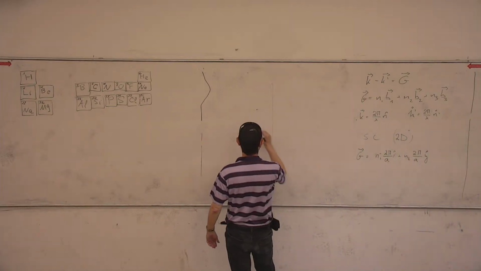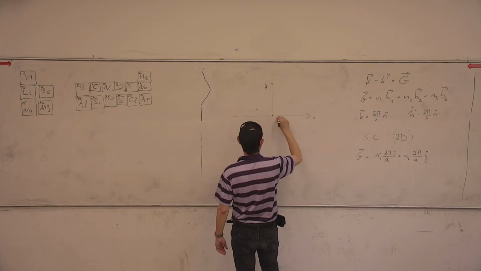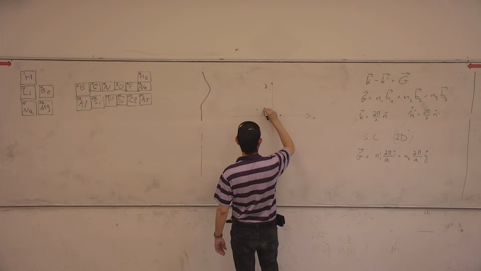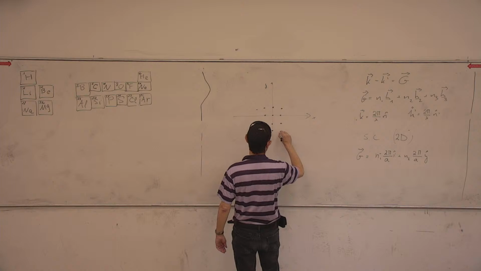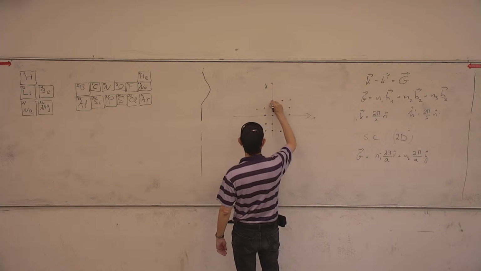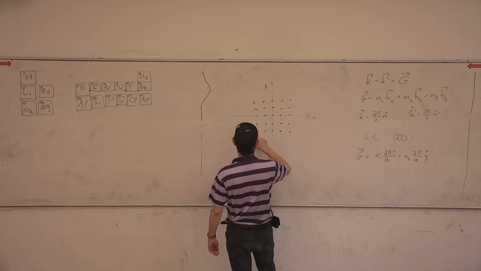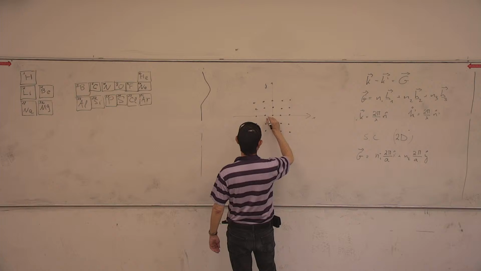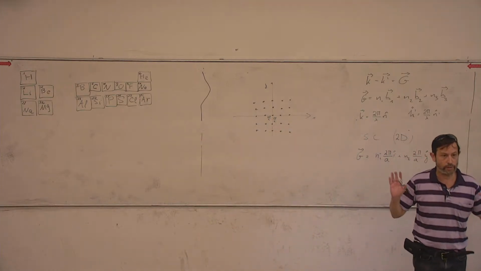How will we do it? Simply x, y. And the distance is always 2 pi over a.